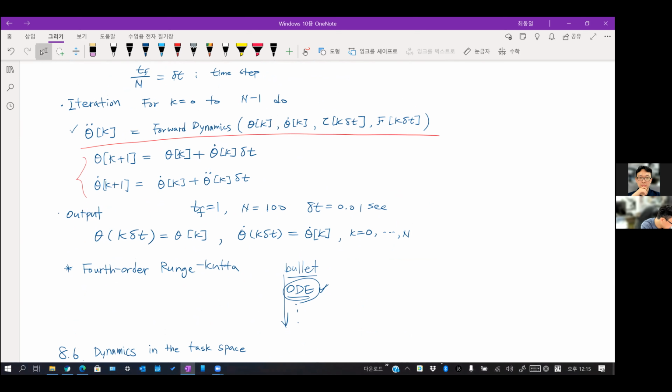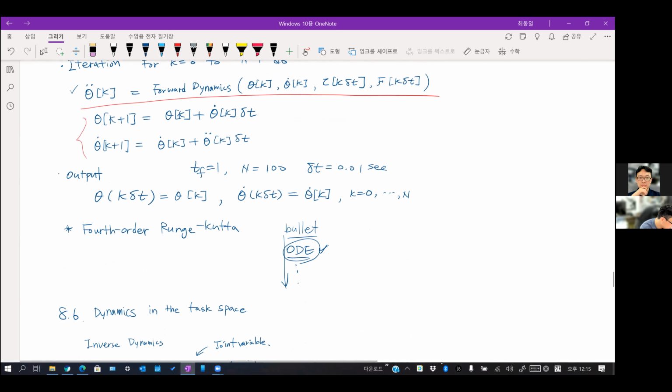By doing this, you can calculate theta and theta dot. A more precise and accurate integration method is also the Runge-Kutta method. So if you want more precise or accurate results, you can use this kind of high order integration method. This method is not explained in detail, but just for reference, you can keep the Runge-Kutta method in mind.